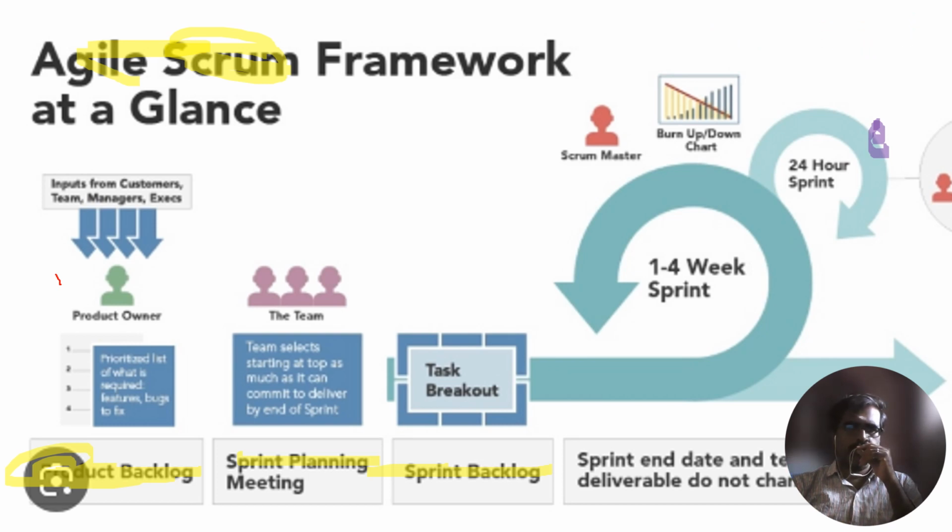We try to deliver those stories that provide the most business value first. The sprint planning meeting generally includes only the Scrum team, consisting of the product owner, Scrum master and development team.